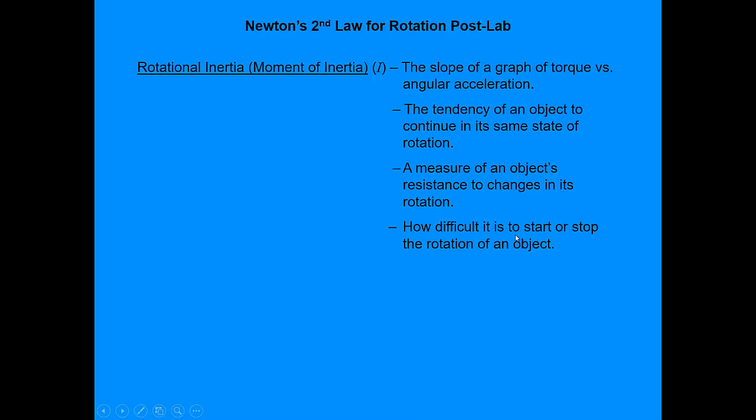So rotational inertia, however we end up calculating it here, is going to be how we talk about how difficult it is to start and stop it, the tendency to continue rotating the way it's rotating. So one way we can find it is experimentally, as we just saw in this lab. We can do a torque versus angular acceleration graph, and the slope is the rotational inertia. Okay?